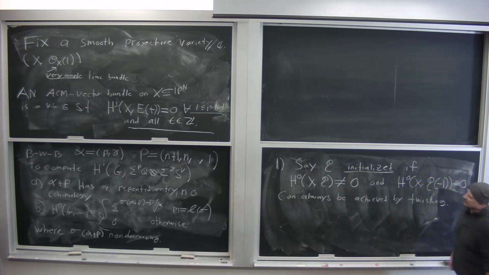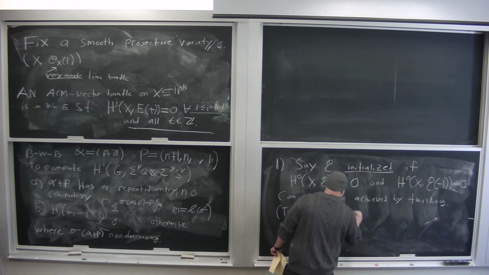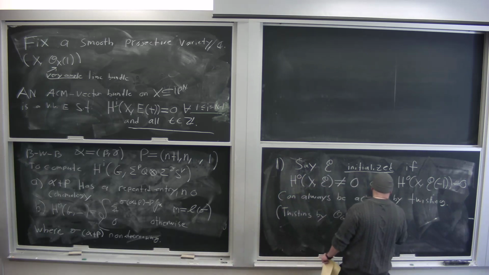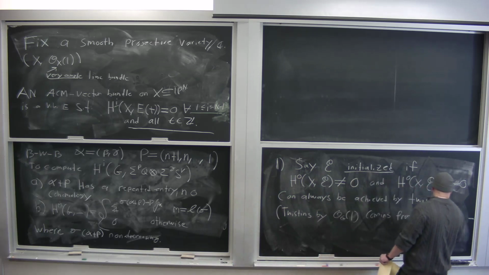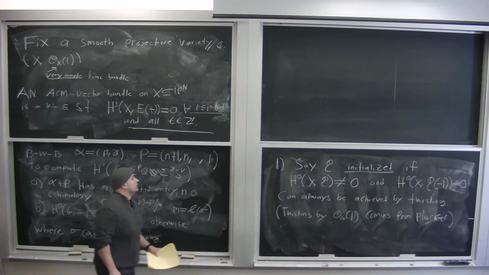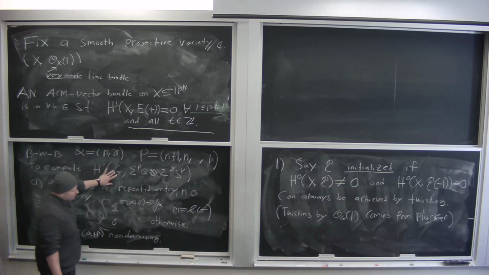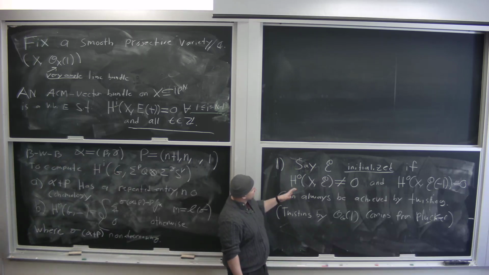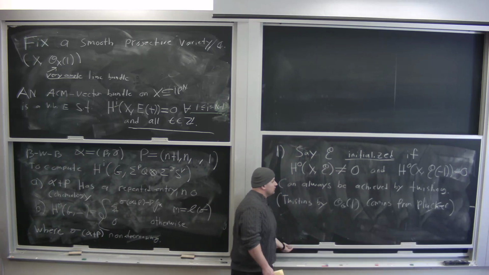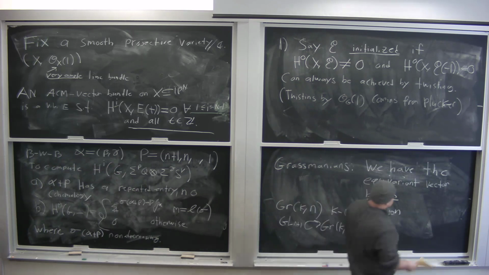Strictly speaking, I'm twisting by O_G(1), coming from the Plücker embedding. You can say exactly in this framework what twisting corresponds to, but we won't get into it, so we can always assume this here.